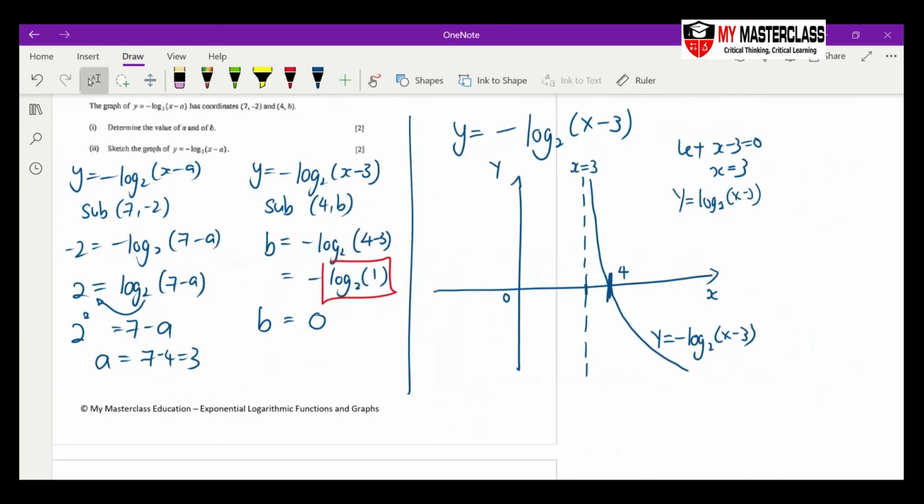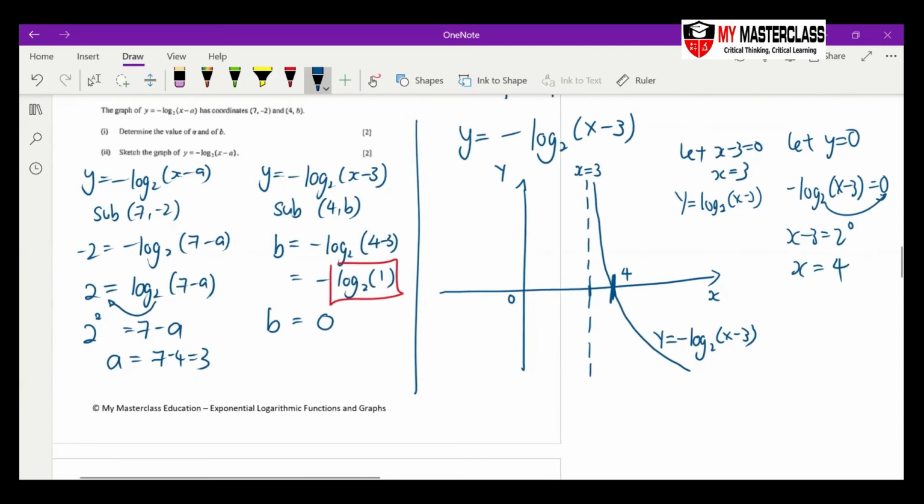Of course, you can also let y equals 0. Then negative log base 2 of x minus 3 equals 0. I bring the 2 over, so x minus 3 equals 2 to the power 0. 2 to the power 0 is 1, so x equals 4. It will also be the same, but most of the time it will just be one step to the right.